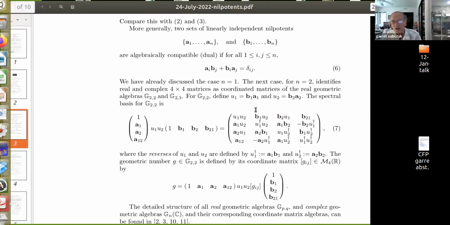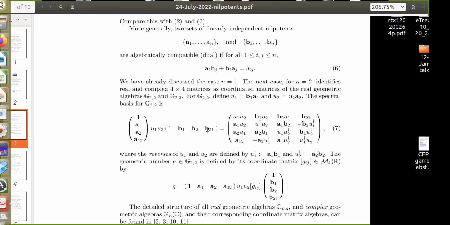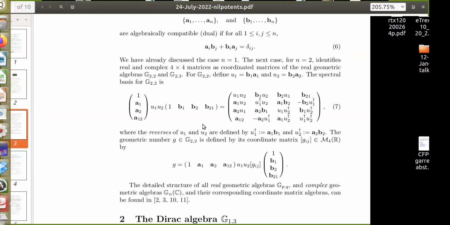basis of the 2x2. So here again, I have the same question that I had for your equation number 2. This is just a generalization of 2, but you immediately write that this is a spectral basis, and it isn't clear to me that writing this expression in this way is necessarily a spectral basis, unless you have some other reason.